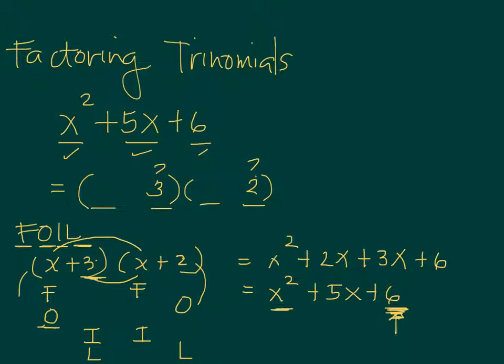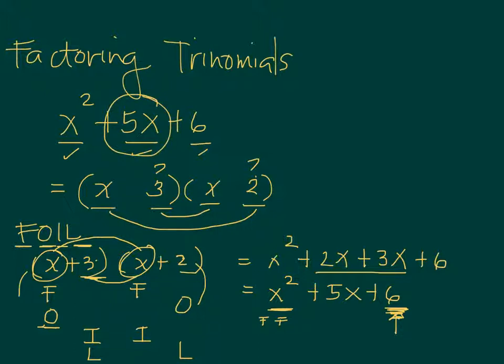Also, x squared was obtained from the first and the first, that is x and x, so this must be x and this must be x. Now the 2x and the 3x were obtained from the outer and the inner. So that's how we check whether we will get the middle term 5x.